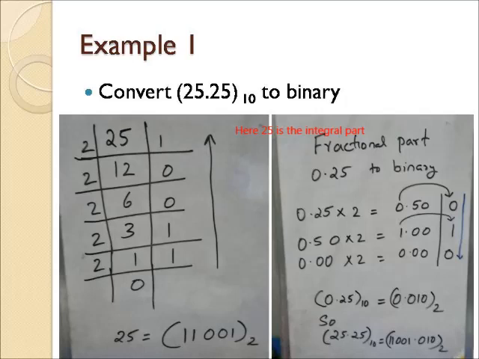So it is 0.01, which is the equivalent of 0.25. So please note that 25.25 in decimal is equal to 11001.01 to the base 2, which is the equivalent binary.